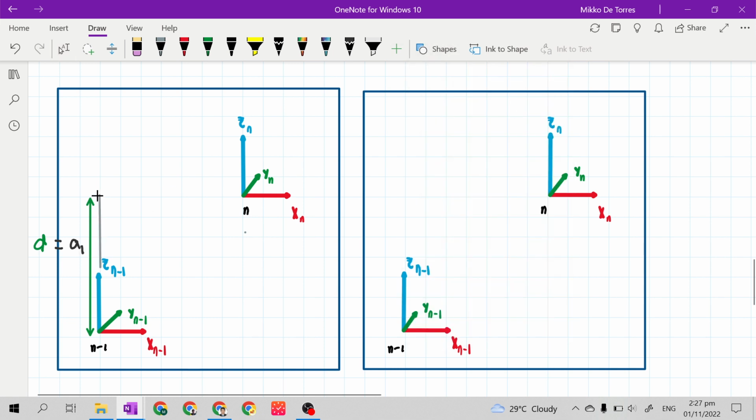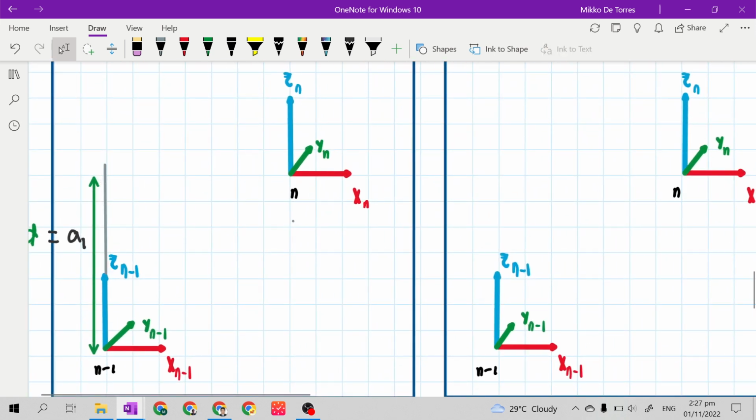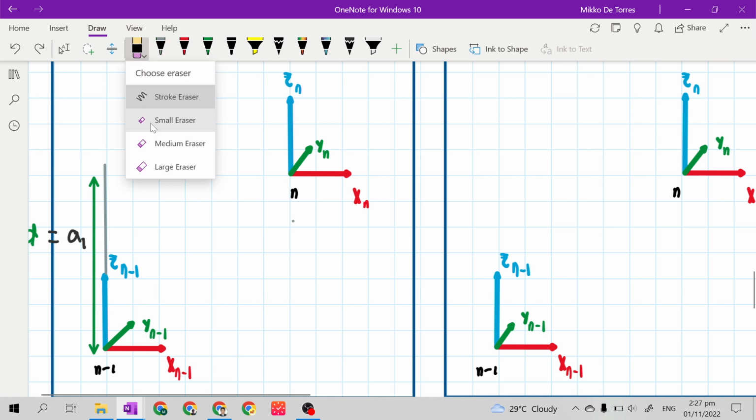So it should look like this. Let me use a small eraser. A broken line.